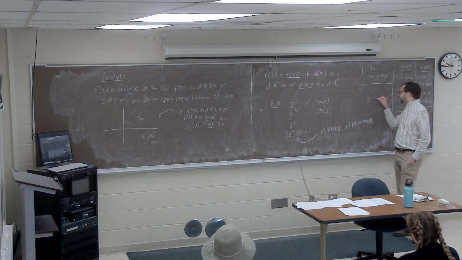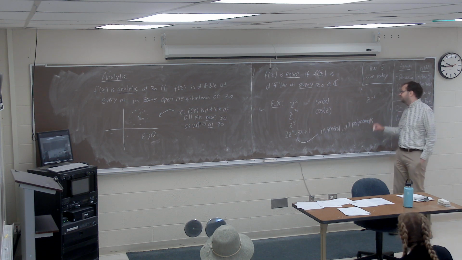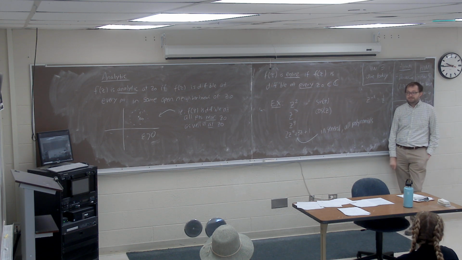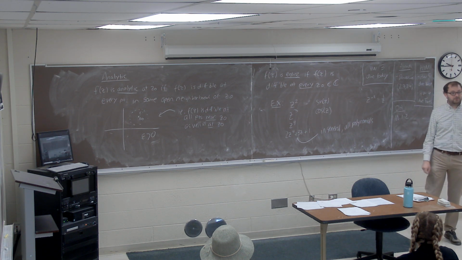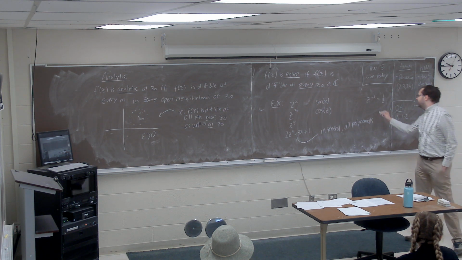How about negative powers of z, like z to the negative 1? No? Why not? Because if you look at 1 over x, doesn't it diverge to negative infinity and infinity as it approaches 0? Yeah. Also, this isn't even defined everywhere in the complex plane. What value of z is this not going to be defined at? 0. 1 over z is not defined at 0.